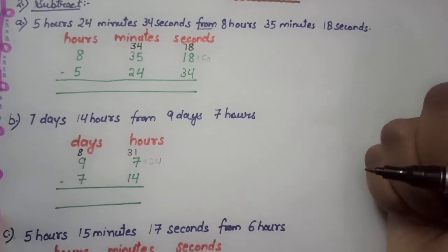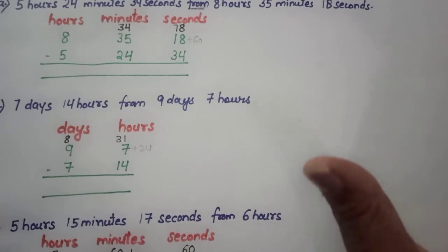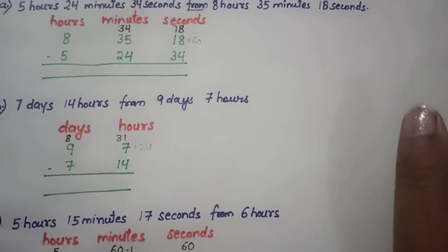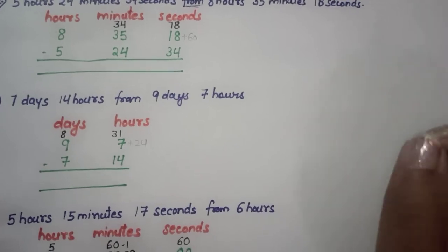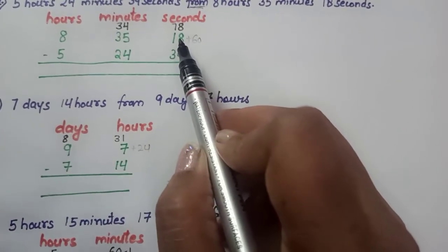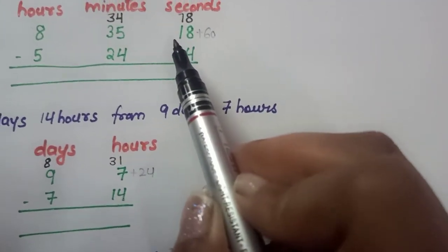So what should I do? Whenever we used to do simple or normal subtraction sums, what did we used to do? We used to take one borrow, right? So here also we have to do something like that only.